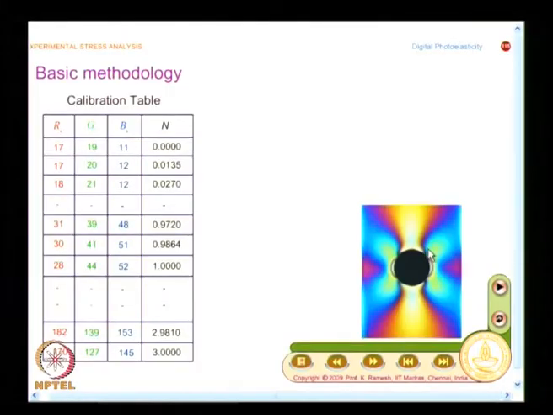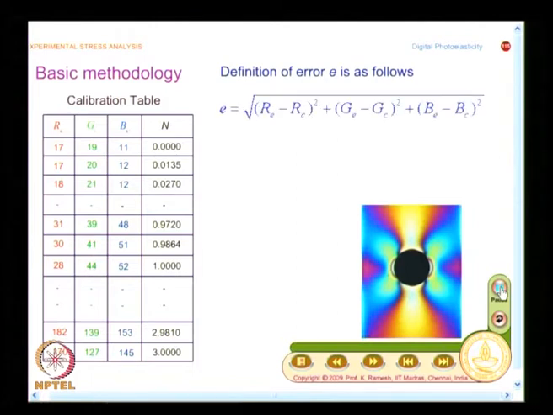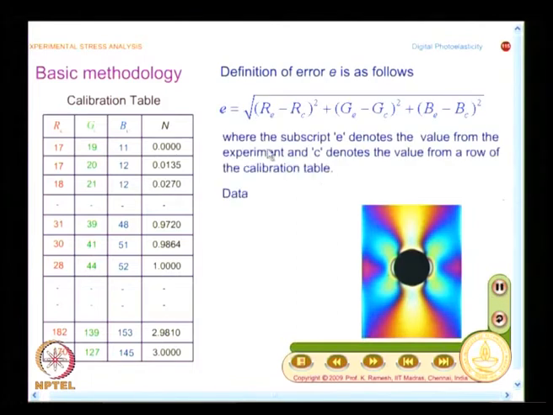So, basically we are going to look at, suppose I want to find out what is the fringe order in this, we all know from the color code it is about 1, and how do I implement it in the methodology. And many researchers have contributed to this, and what you do is you write a basic equation wherein you define error as the difference of the R value of the experimental image at the point of interest and R value of the calibration table.